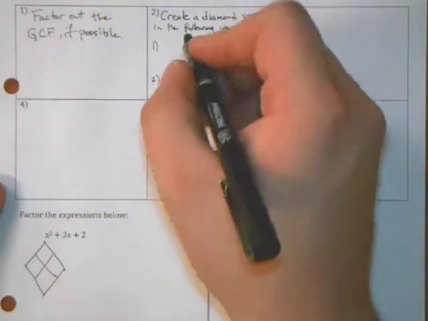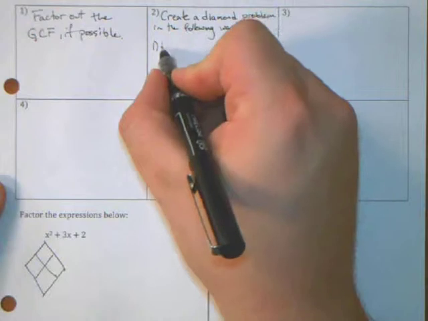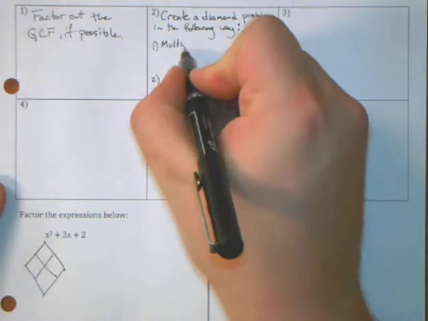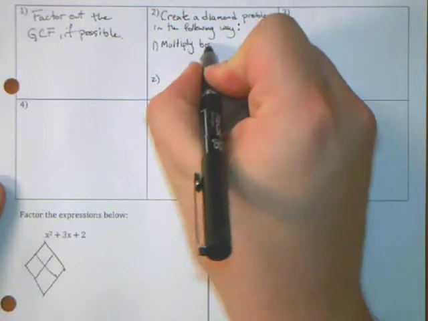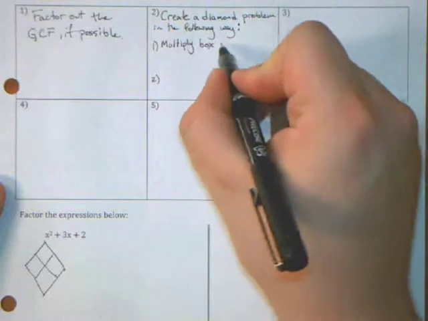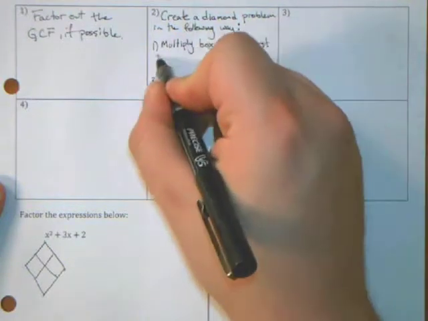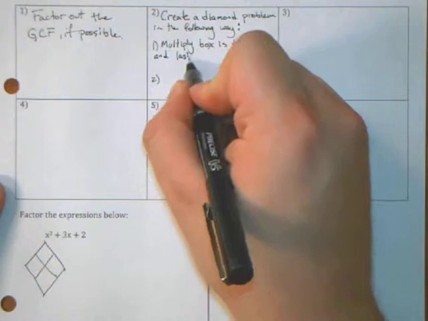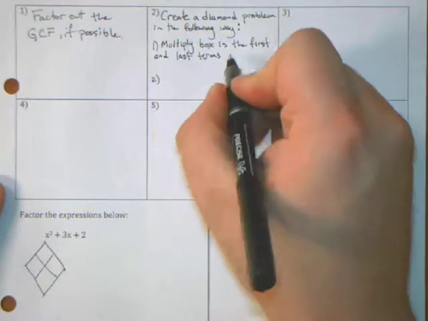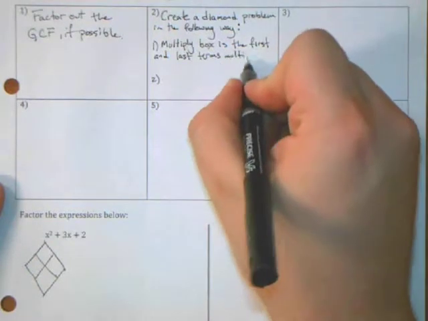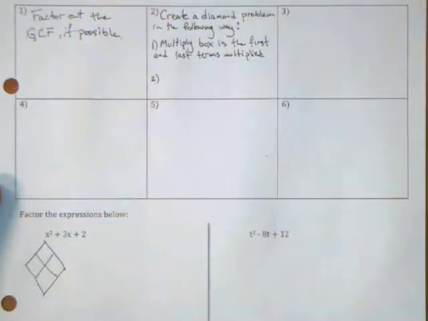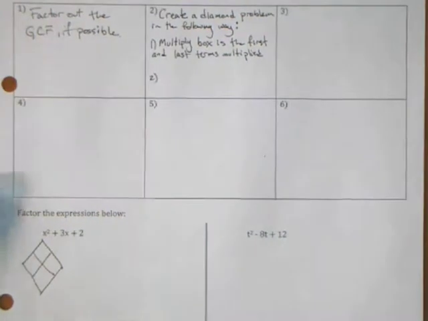First, the multiply box is the first and last terms multiplied. So if I want to factor this trinomial, x squared plus 3x plus 2, I'm going to create a diamond problem.